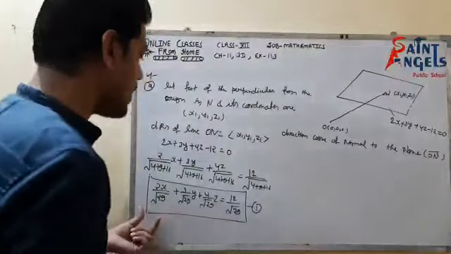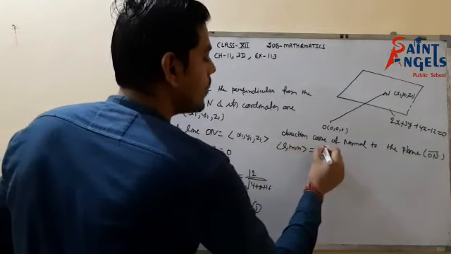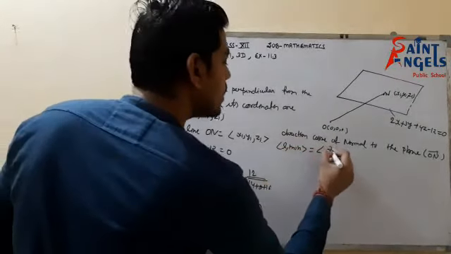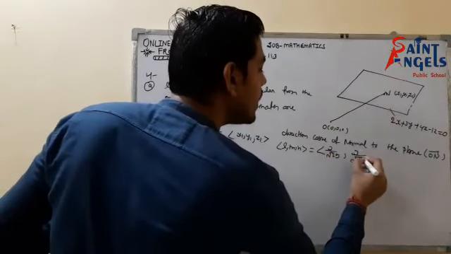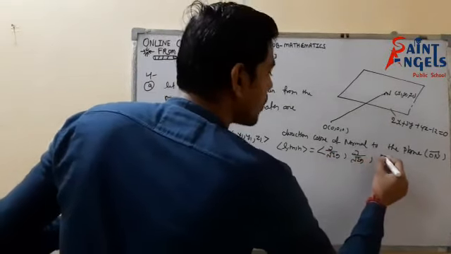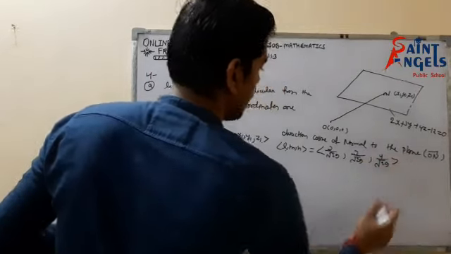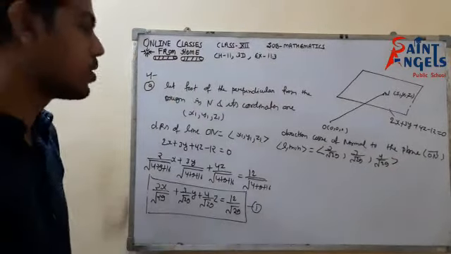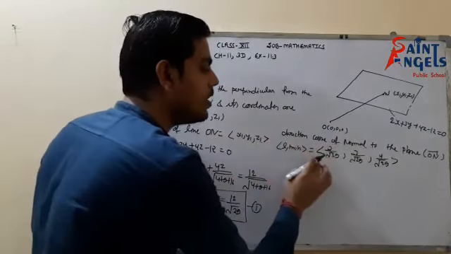So l, m and n would be 2 upon root 29, 3 upon root 29 and 4 upon root 29. So we have both the direction ratios of line ON and the direction cosines of line ON.